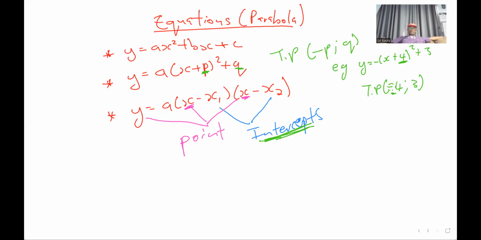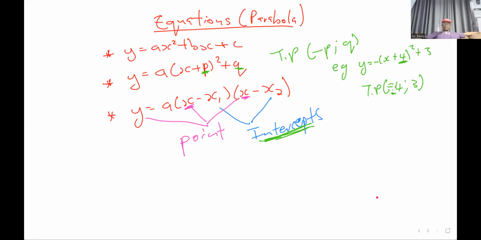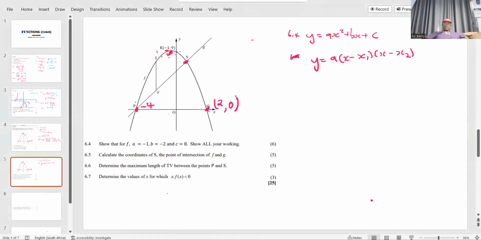So getting here, I have a point. Here is a point. I have a point. I have intercepts too, right? So for me to find the value of a, there's a point, which is the turning point. The value of y is 9. So this is 9 equal to, I don't know what a is, and then the x value, that's (-1 minus -4), and then I have the same point, it's (-1 minus 2), which is another x-intercept.